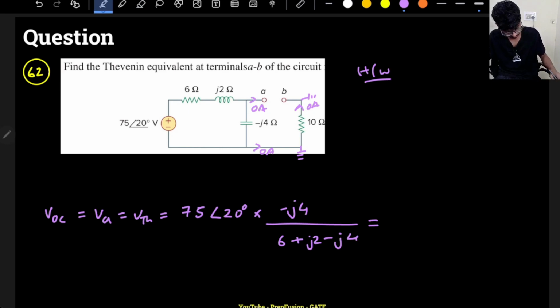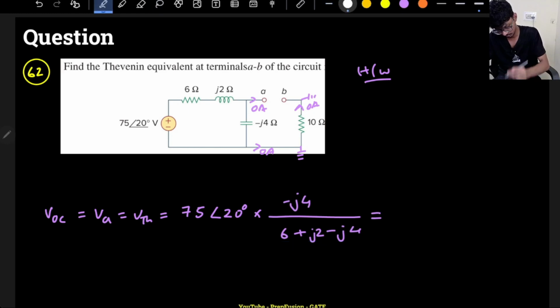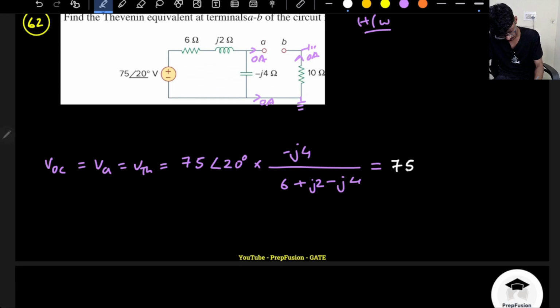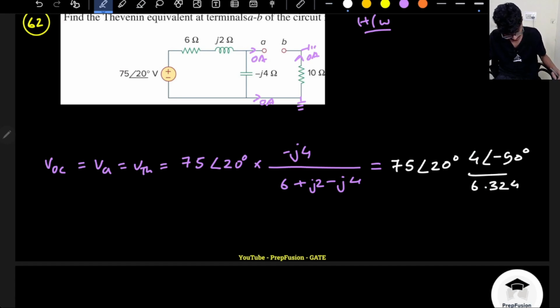So this will basically be equal to 75 angle 20 times 4 angle minus 90, divided by the square root of 6 squared plus 2 squared, which is 6.324, and what is the angle?